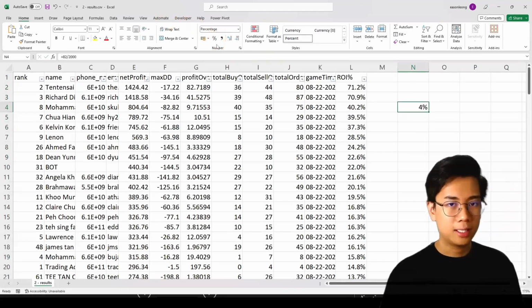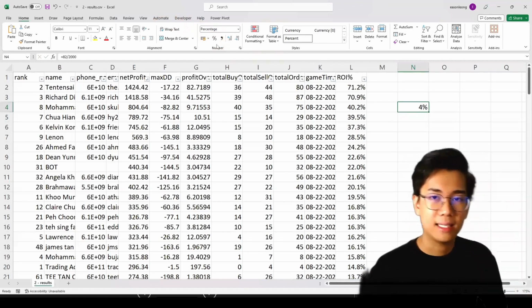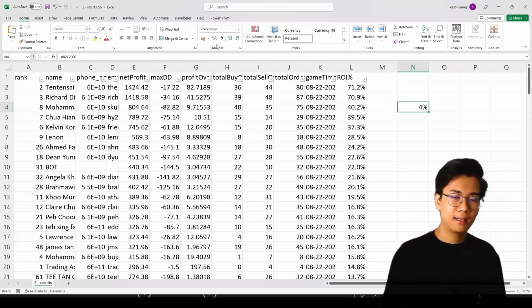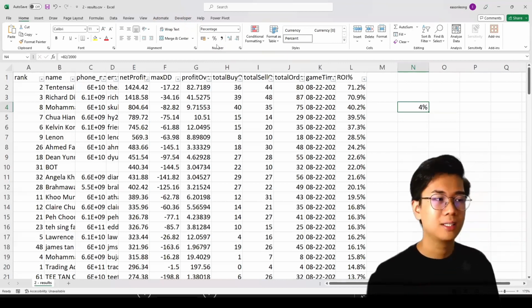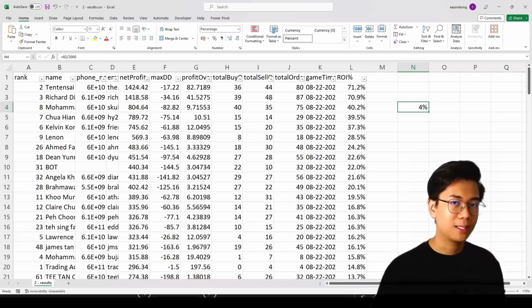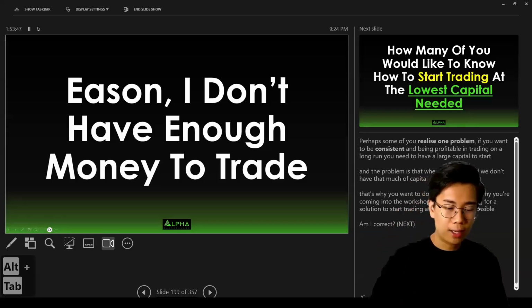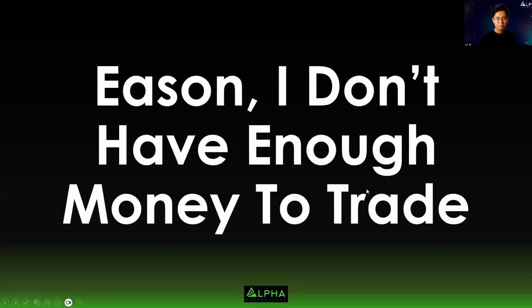The majority of people are only earning 4%. And that is the average. If you want to earn 2,000 per month, 5,000 per month, 3,000 per month, you have to increase your capital. Those saying $10,000 per month, you definitely have to increase your capital. Or else, to earn at that level, your risk is super high.